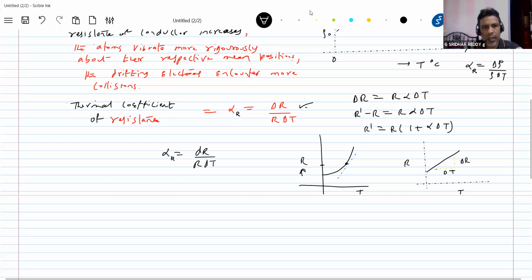Or if at temperature 0 degrees Celsius the resistance is R naught, and at any temperature the resistance is R, then what will the formula be? R equal to R naught (1 plus alpha T).